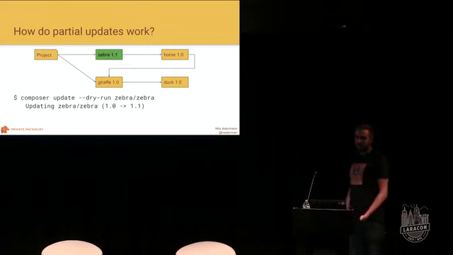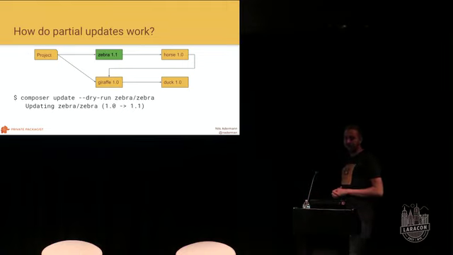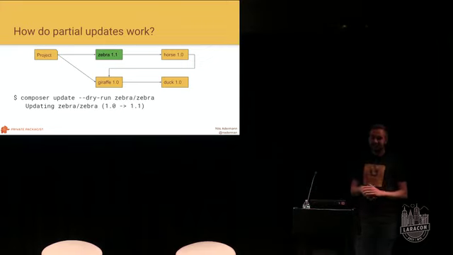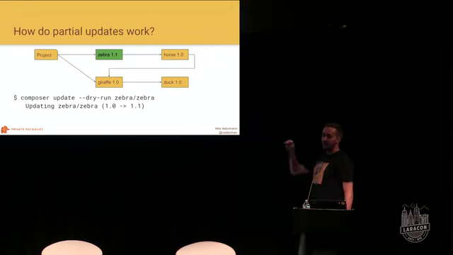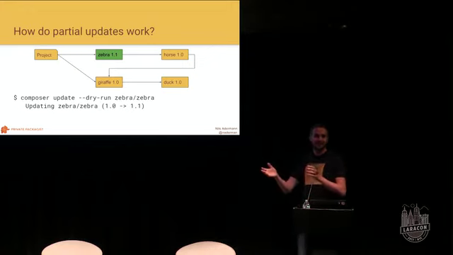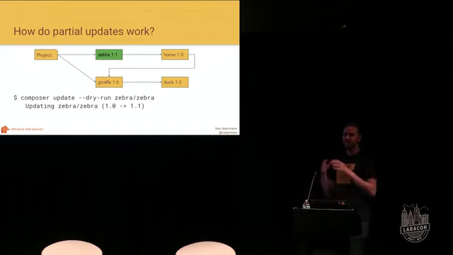So as a first step, I'm going to run just the update on Zebra, which will tell me it will upgrade Zebra from 1.0 to 1.1. Really straightforward. The problem with that is, now I would have to go through every dependency of every dependency to eventually update each one by themselves, which in a bigger project is way too much work.